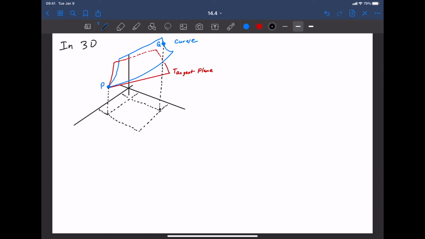So if this is x plus delta x, comma, y plus delta y in the xy plane, so like comma 0, if we're thinking about the 3D coordinates, and P is at x comma y comma 0, then this line right here is the change in y. Okay, that might be hard to visualize, but it is. And this is the change in x. Because again, just to be clear, that's the x-axis, that's the y-axis in 3D.